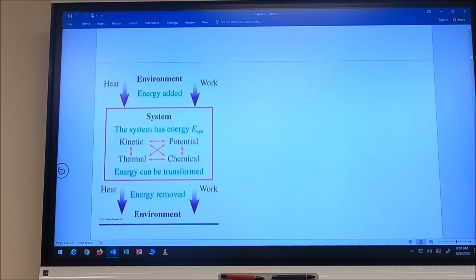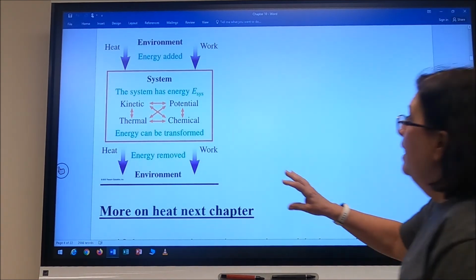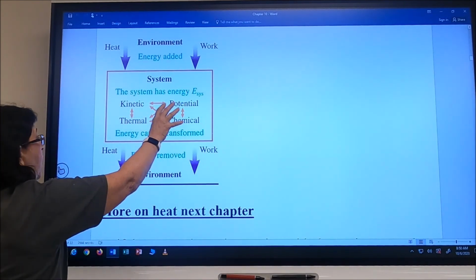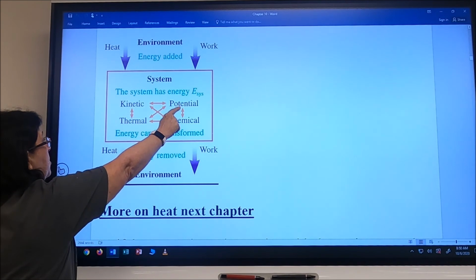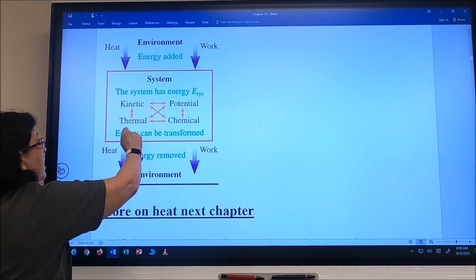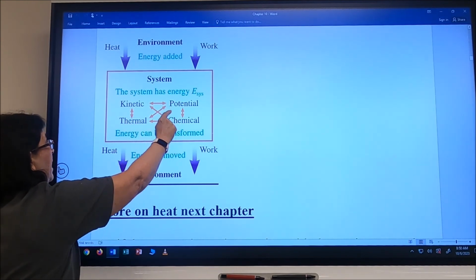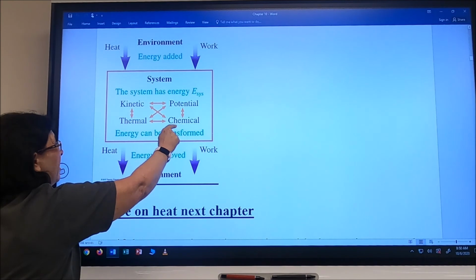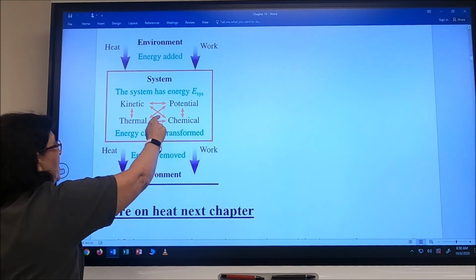Now, let's look at this diagram. Inside the system, we have transformations. So I could take kinetic energy and change it to potential, potential to kinetic, kinetic could go to thermal, thermal could go to kinetic, thermal could go to chemical, chemical could go to thermal, chemical could go to potential. Chemical is a kind of potential energy, so you could talk about changing kinds of potential energy.